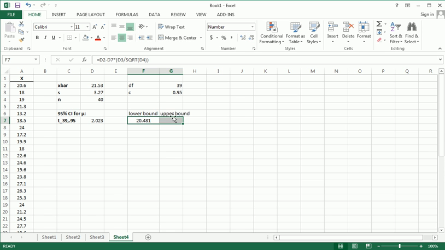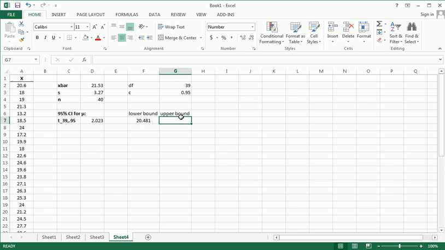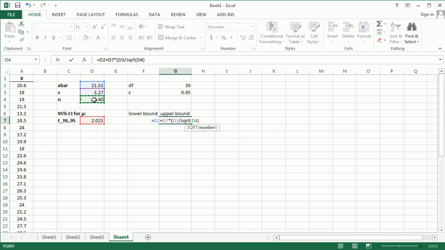Okay, and now we go through a similar process with one difference to get the upper bound. Equals X bar again, this time plus instead of minus, the T critical value times parentheses, S divided by the square root of the sample size, close parentheses, hit enter.